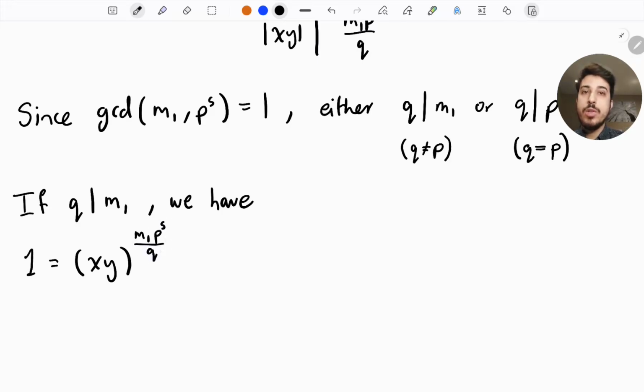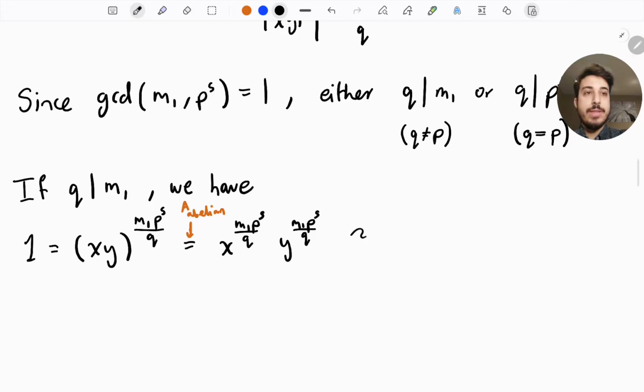Now we can use the Abelian property of the group A to again separate the x's and the y's. So this is equal to x to the m1 p to the s over q times y to the m1 p to the s over q. And remember, this is because A is abelian. It would not work otherwise.